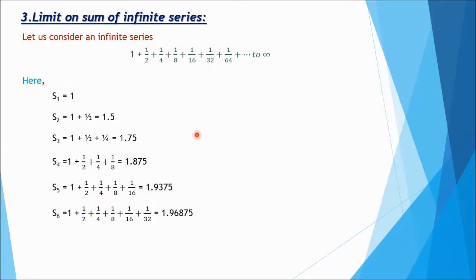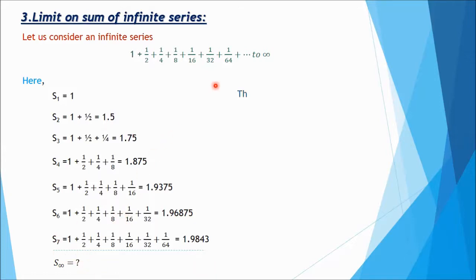Now S7, taking terms up to 1/64, will be equal to 1.9843. Now if we continue this process, then as n approaches infinity, what will be the value of S infinity?